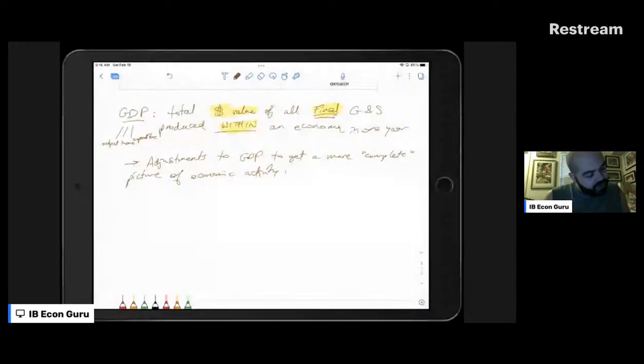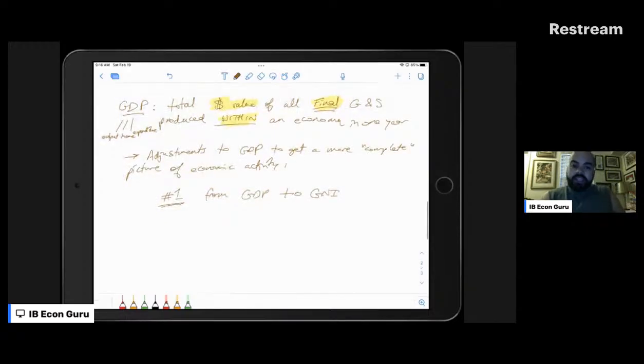The first adjustment, number one, is from GDP to GNI. Remember how I said GDP focuses on the location of production. Where is the production taking place? GNI, on the other hand, focuses on the nationality of this production.